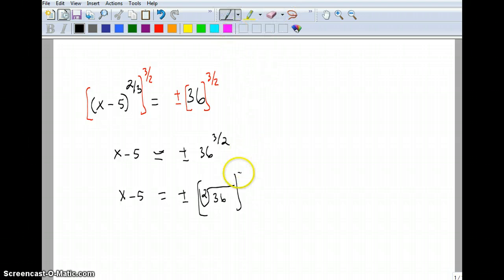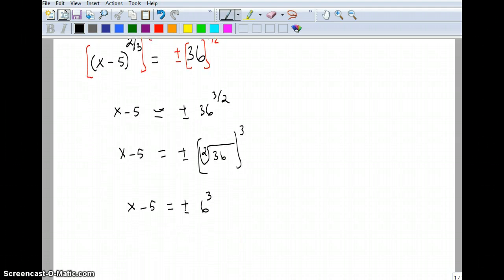And now we can simplify that radical. So I've got x minus 5 is equal to plus or minus, well, the square root of 36 is 6 cubed, and 6 cubed, 6 times 6 times 6 would be 216.